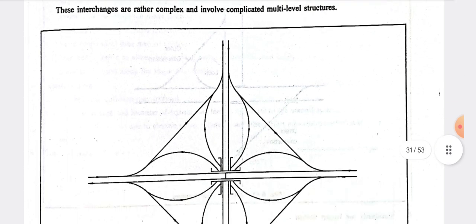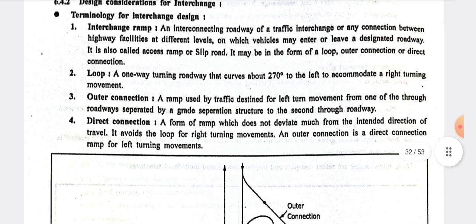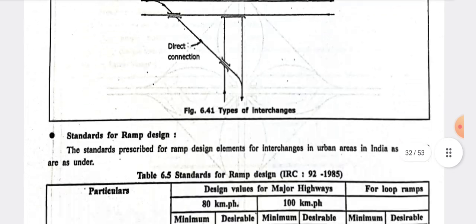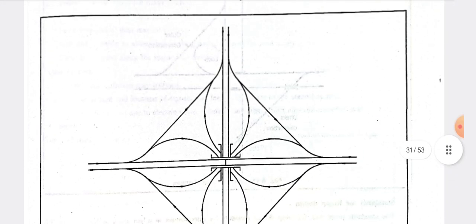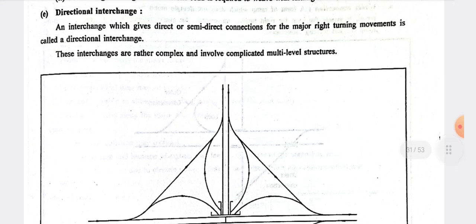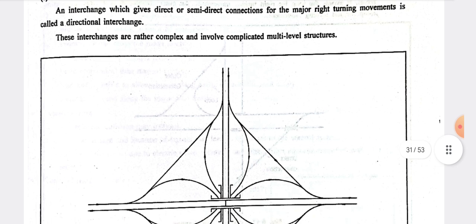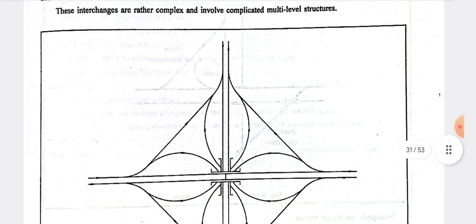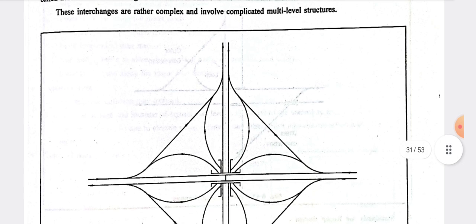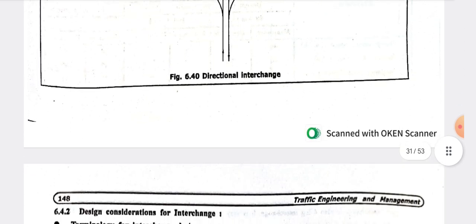Now next is a directional interchange. A directional interchange gives a direct or semi-direct connection for the major right turning movement. These interchanges are rather complex and complicated, in a multi-level structure.